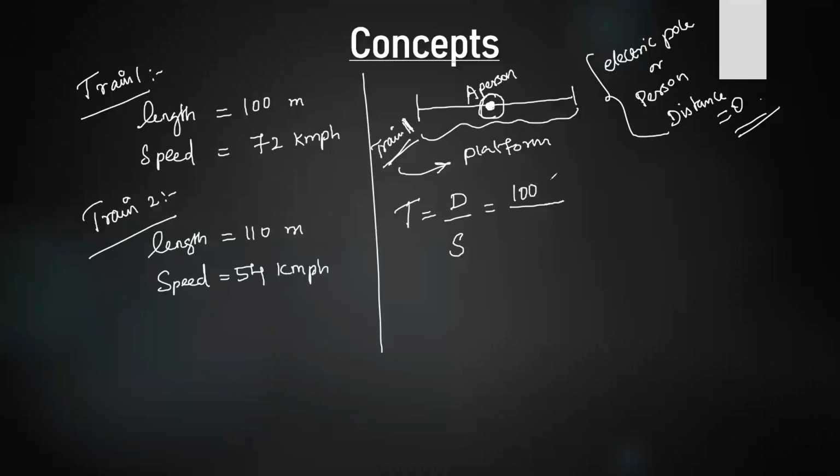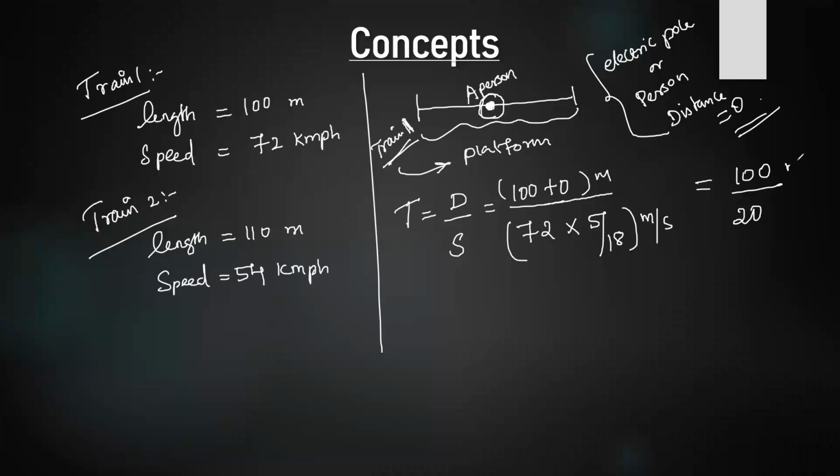To cross a person or to cross an electric pole, distance is 0. So distance 0 means we need to add only the train length. So train one is going to cross the person, right? Therefore, train one length alone you have to write, plus person length is 0 meter. Yes, correct. Good.